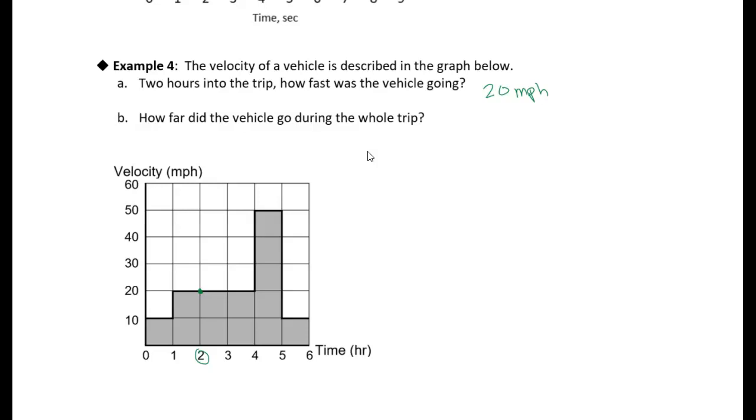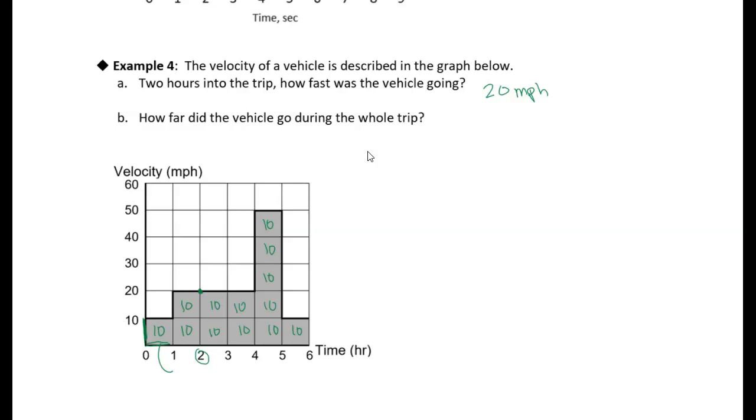And each one of these squares is 1 unit in time by 10 units in velocity, right? So each one of these squares represents a distance of 10 miles, right? So really all we have to do to get the total distance covered over this whole trip is just count up how many squares we have.